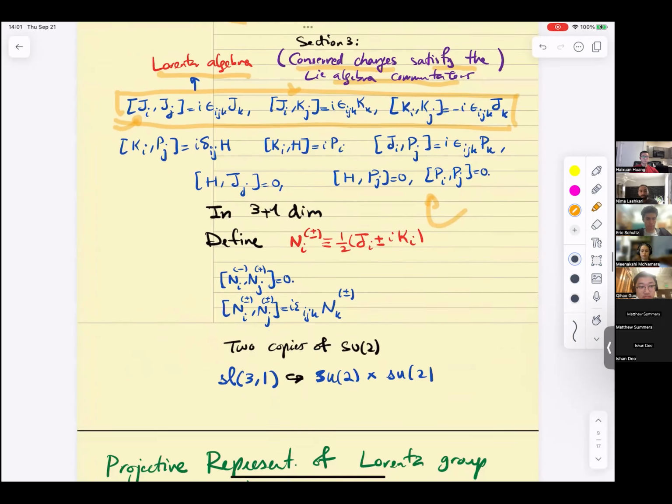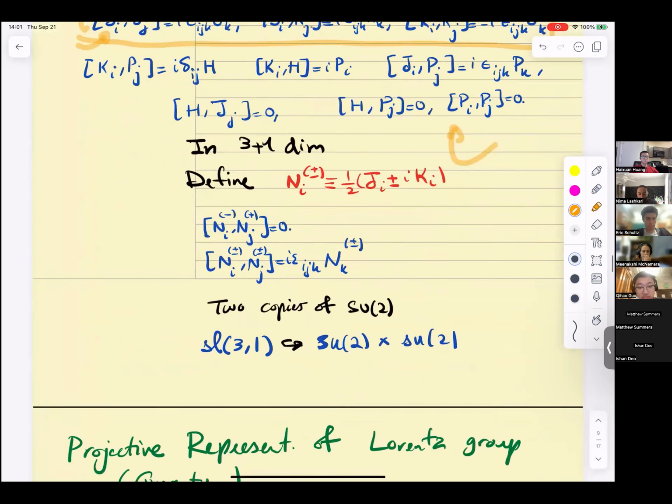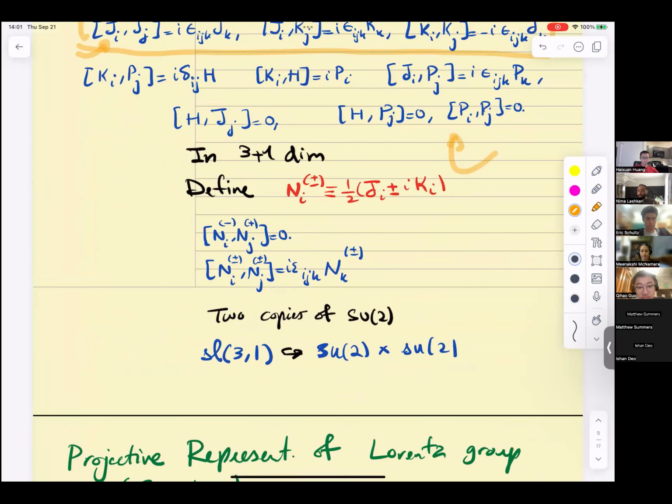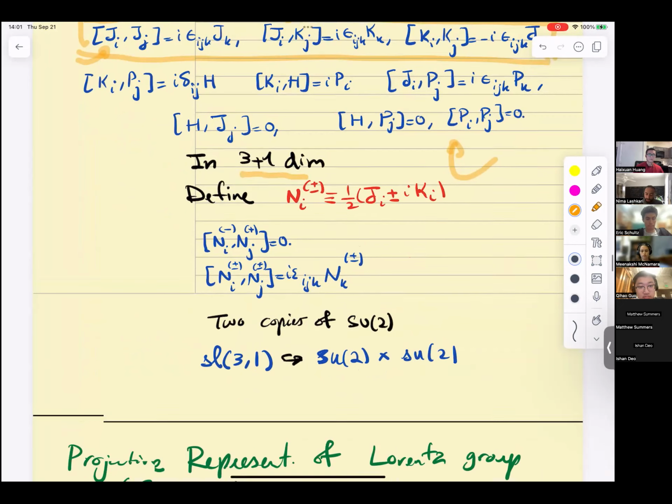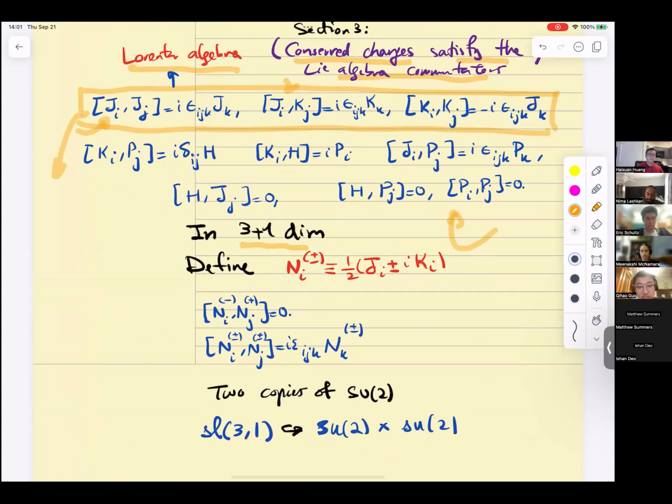Now I'm going to play a trick. I'm just going to present it as a trick, as it's presented in a lot of textbooks on quantum field theory, but we're going to come back and say a few words about the representation theory origin of it. In 3 plus 1 dimensions, you could do a smart rewriting of the Lorentz algebra.